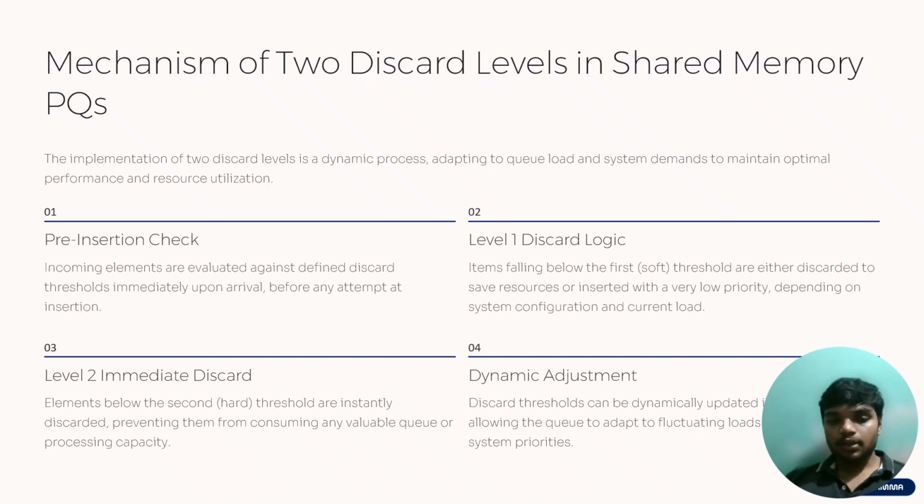Level 2 immediate discarding: elements below the second threshold are instantly discarded, preventing them from consuming any valuable queue or processing capacity. Dynamic adjustment: thresholds can be dynamically updated, allowing the queue to adapt to changing loads and system priorities.